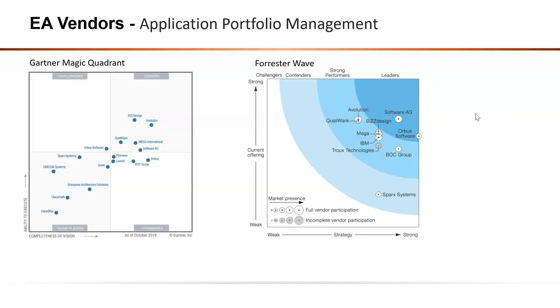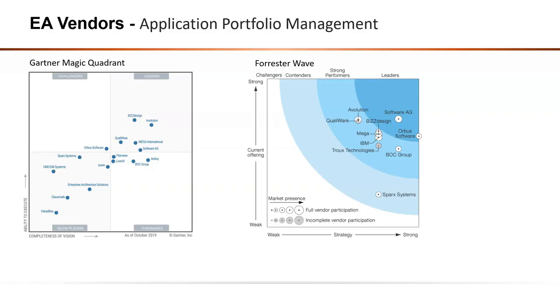And here I want to introduce two other things: Gartner Magic Quadrant and Forrester Wave. Gartner and Forrester are the top two research companies, especially in the IT industry, and they do a lot of research and consulting, and they write research papers and publish them, and they analyze vendors and take the feedback from the customers.